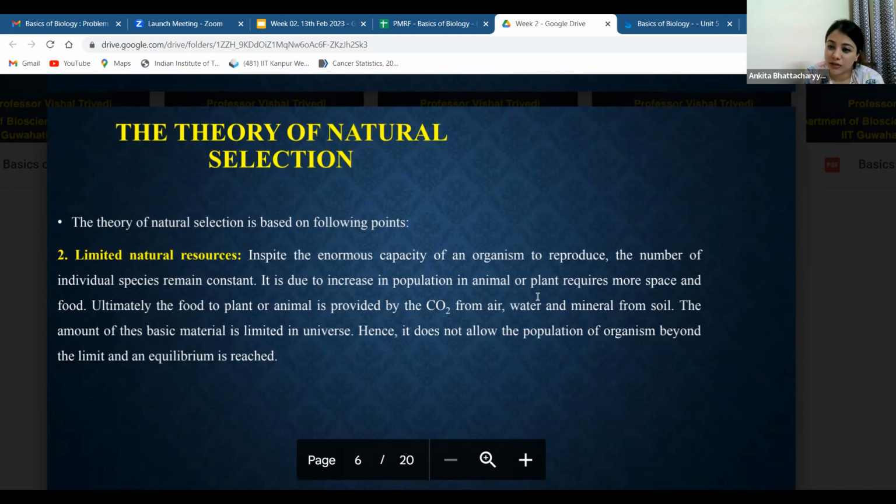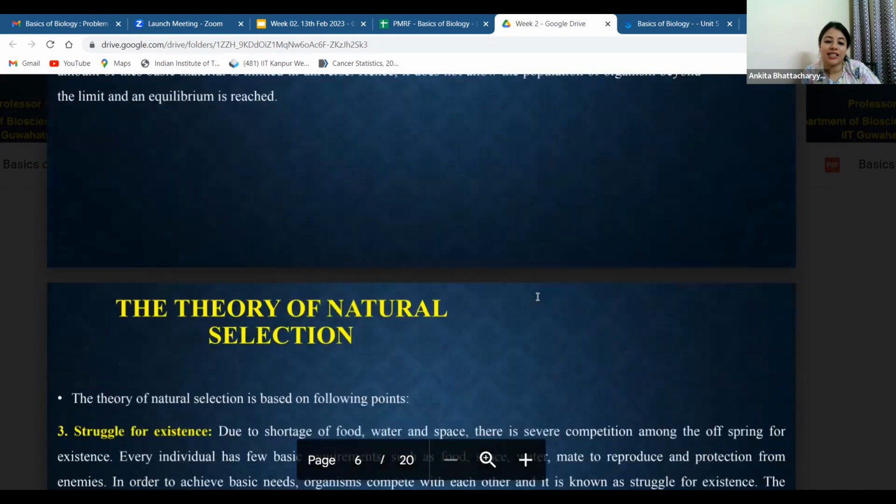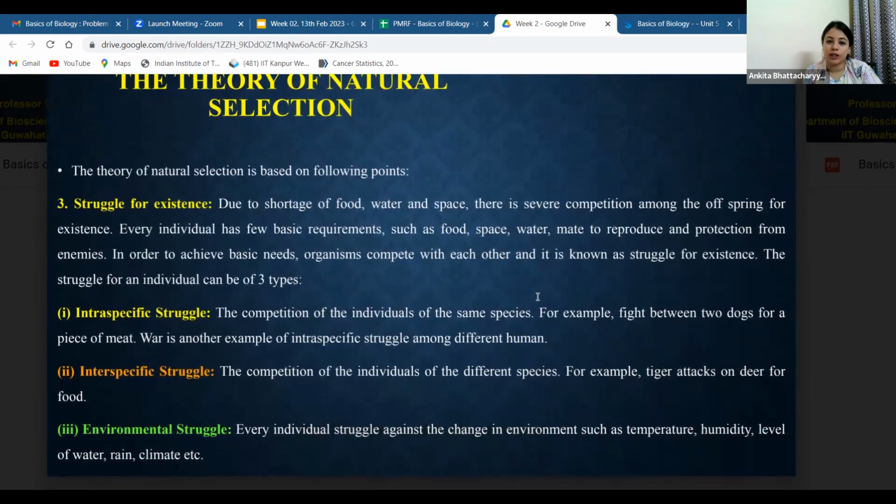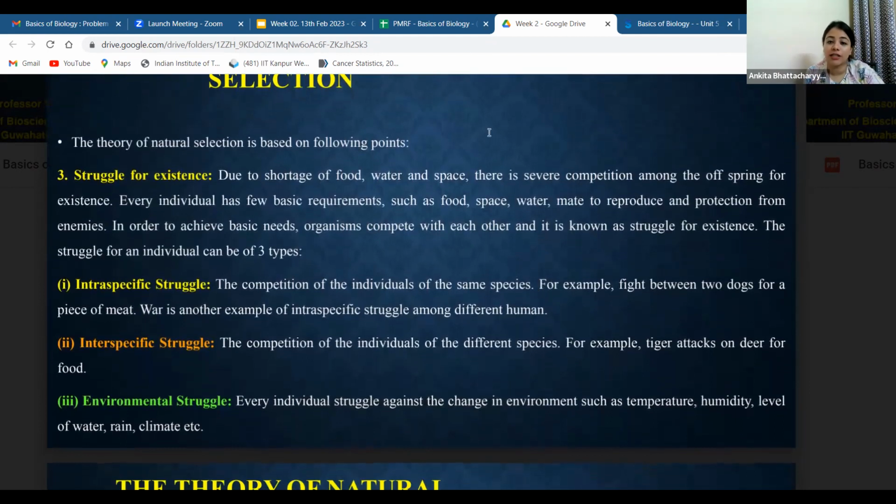But food in general is restricted. So the number of species effectively would remain constant, and therefore it leads to a struggle for existence, to competition for food, water, and space.